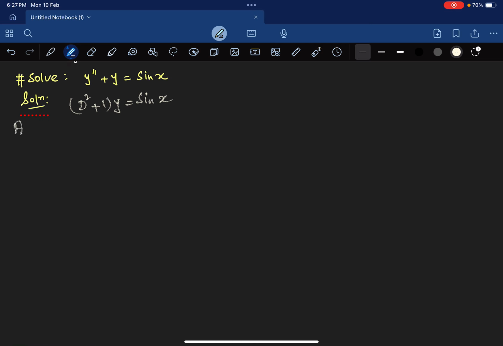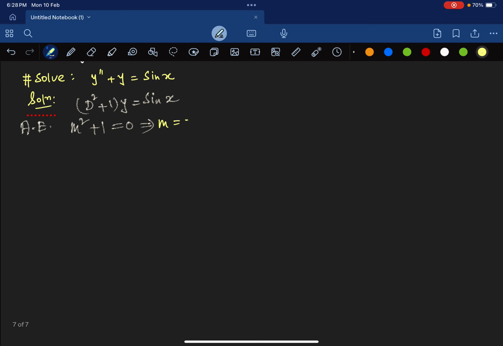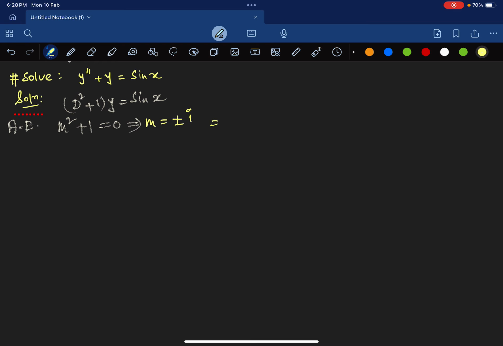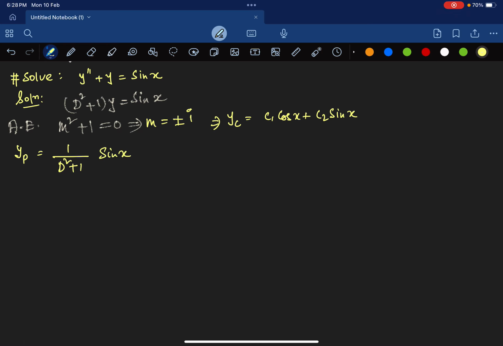This is given. So the auxiliary equation is m square plus 1 equals 0, that is m equals plus minus i. So from here yc you can write c1 cos x plus c2 sin x. Now yp, see how easily we can find yp: 1 by (D square plus 1) sin x.